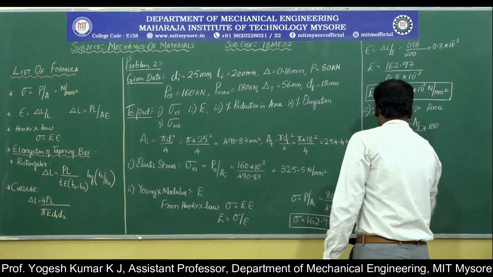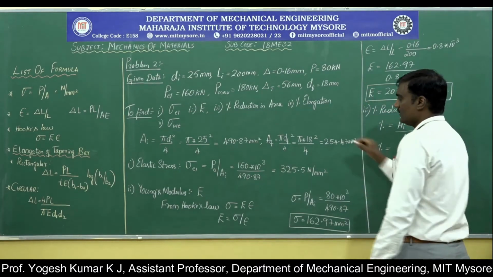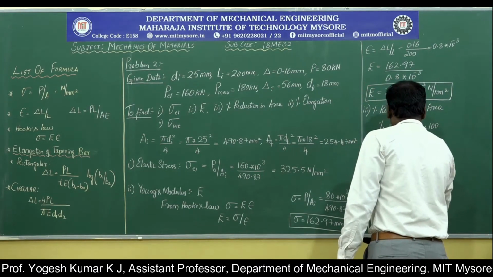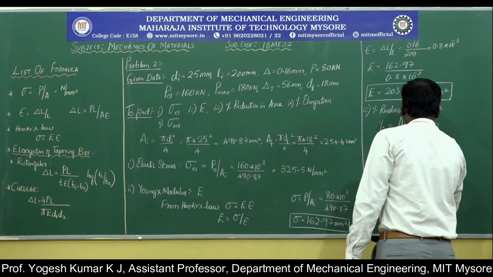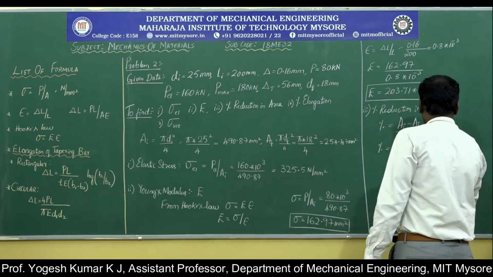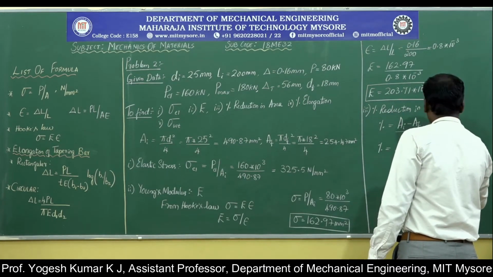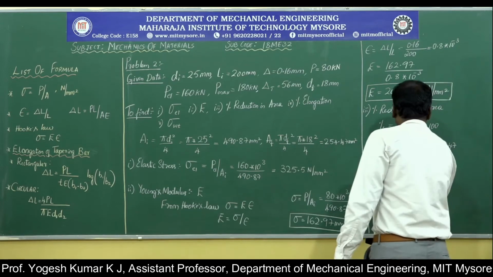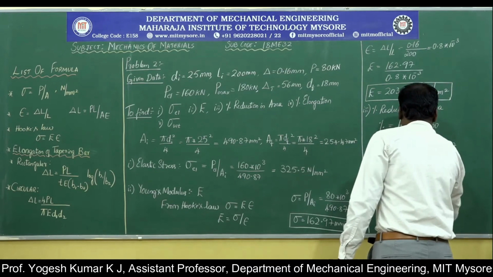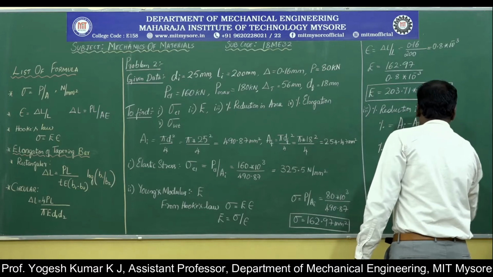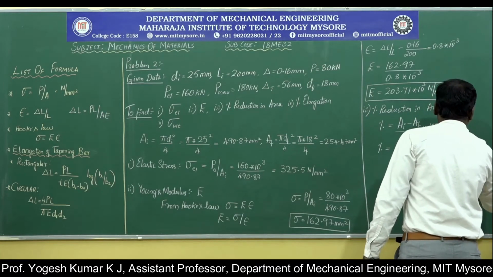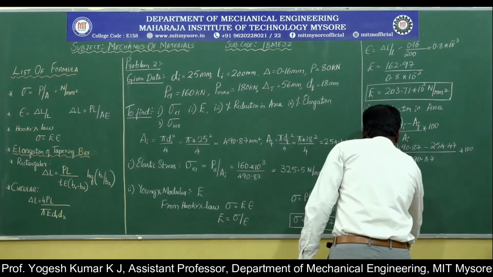So, we know the initial area: 490.87 minus the final area 254.47, divided by 490.87, entire thing multiplied by 100.